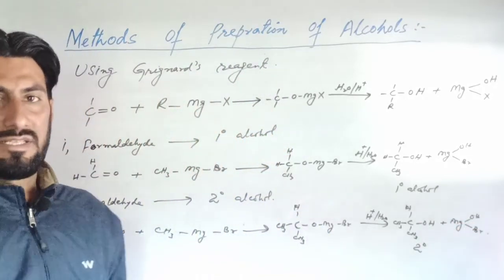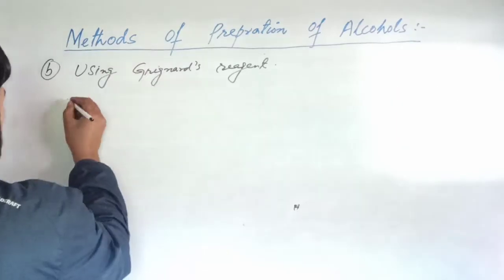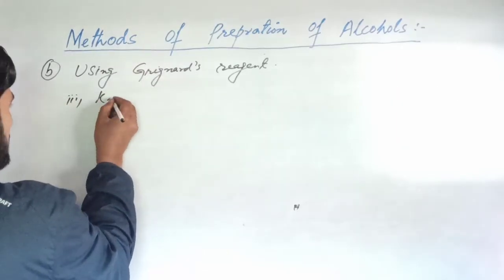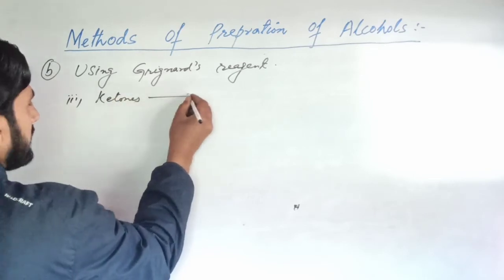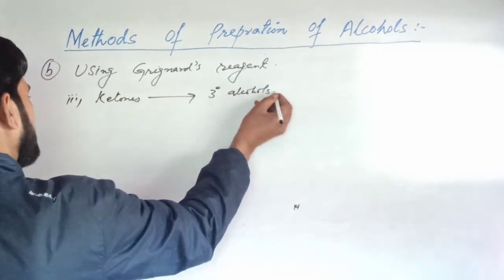Ketone gives tertiary alcohol on reaction with Grignard reagent. Ketones give tertiary alcohols on reaction with Grignard reagents.